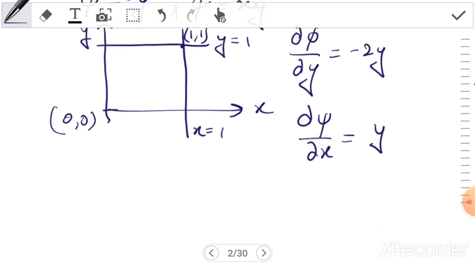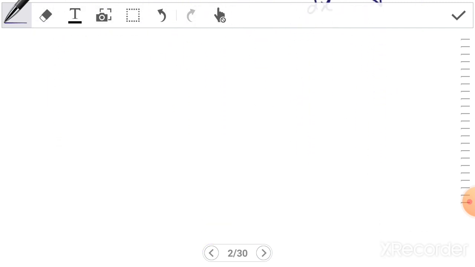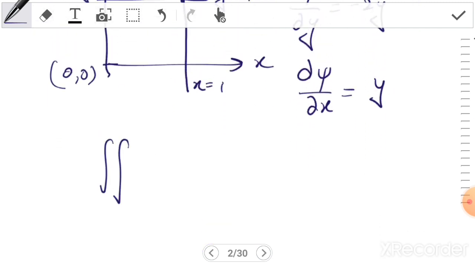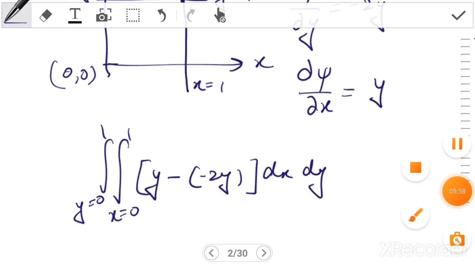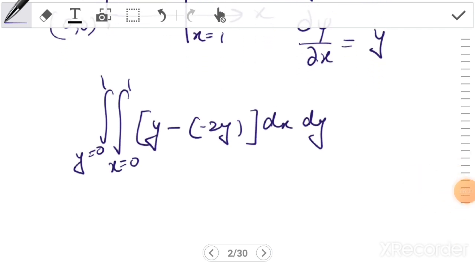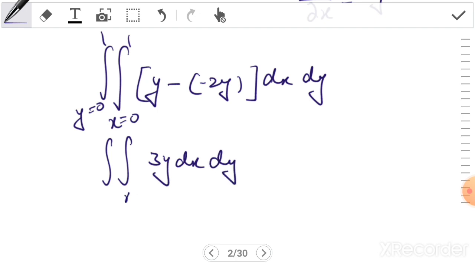Okay, so now substituting in the Green's theorem, we get double integral of y minus of minus 2y dx dy, where x varies from 0 to 1 and y varies from 0 to 1. Now evaluating this, we have 3y dx dy.